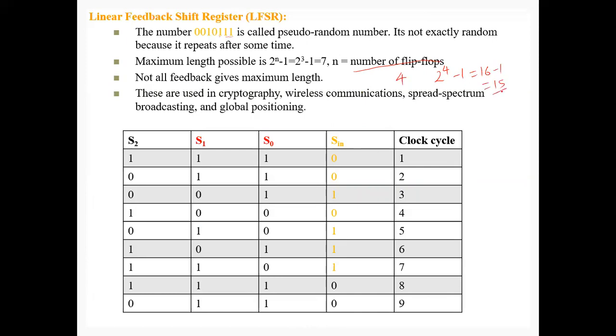You're right, the maximum possible is 15. It doesn't mean that you always get maximum, but if you choose the input properly, then you might get up to 15. That's the maximum. Does it make sense? Yeah, thank you. Good question.